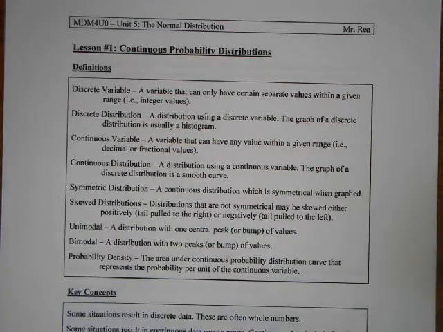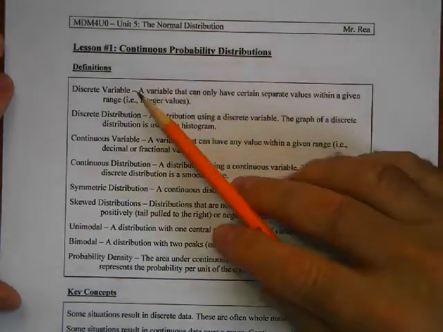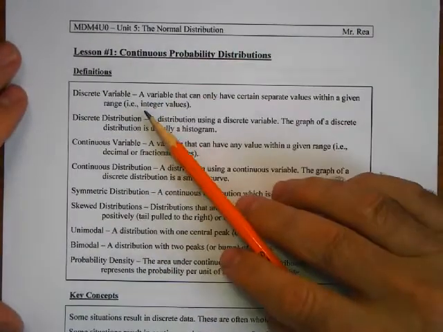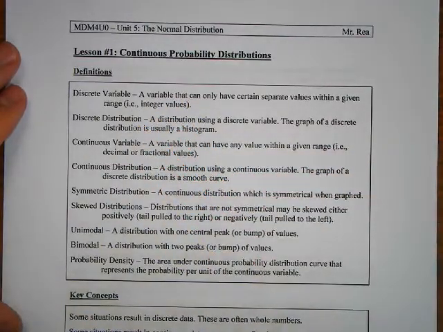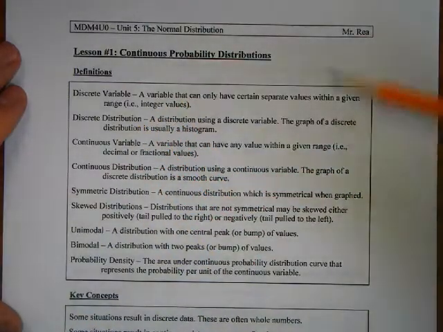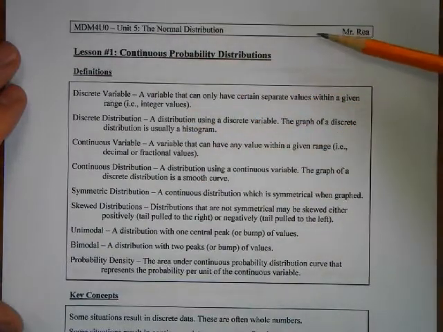So everything we did in the previous unit, when we talked about things like the binomial distribution, geometric, hypergeometric, uniform distribution, those were examples of using discrete variables, which are basically where you can only have integer values for the possible values of the variable you're looking at.